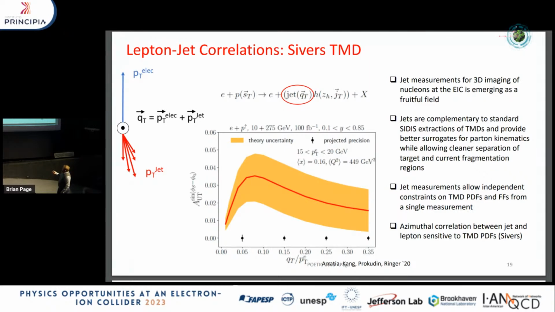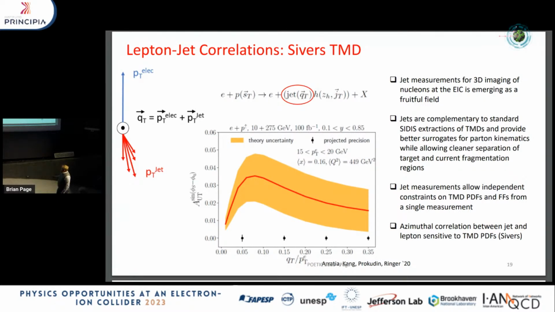One of the advantages of this kind of measurement versus, say, SIDIS, is you can actually isolate just the TMD PDF versus the TMD fragmentation functions. So you're looking at just the TMD PDF here without having to convolute it with the appropriate fragmentation function.